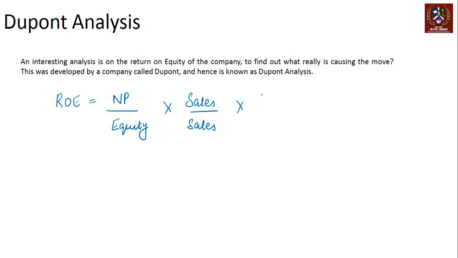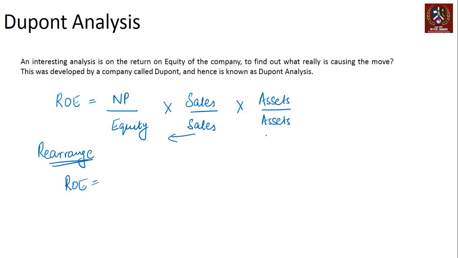Does mathematics allow us to also multiply it with assets by assets? Right? We can do this as well because both these terms will be 1. Now we rearrange. All we are going to do is rearrange the items a little bit.